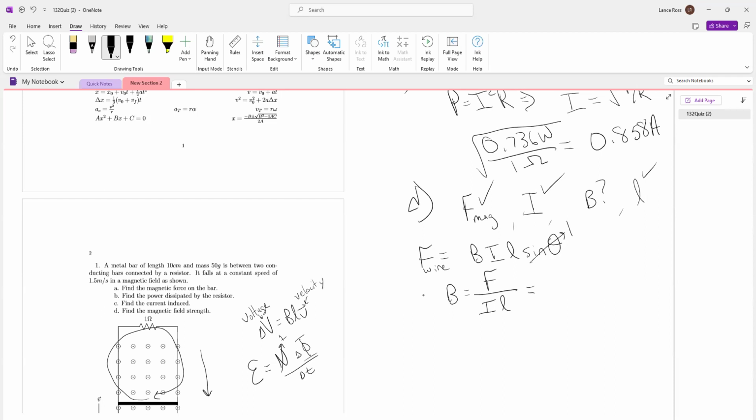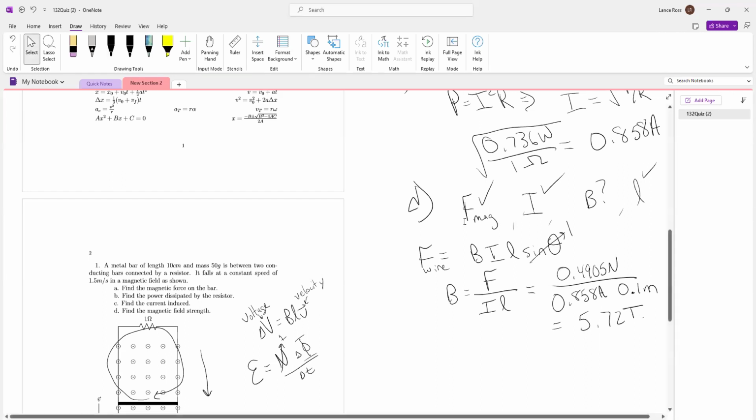The force we found in part A, 0.4905 newtons. The current we found in part C, 0.858 amps. And the length of the wire is 10 centimeters or 0.1 meters. So our magnetic field strength is 5.72 Tesla. Pretty large.